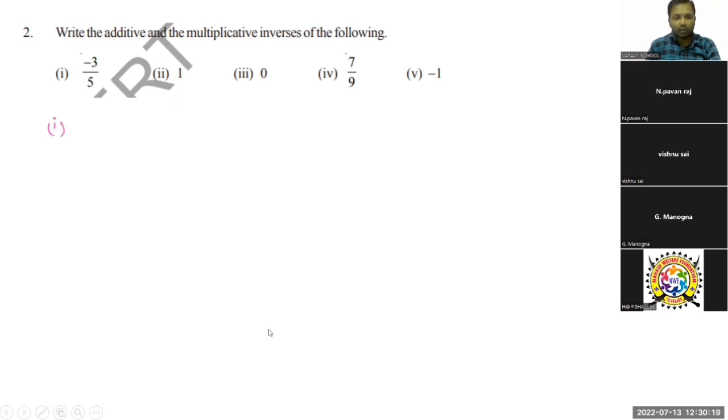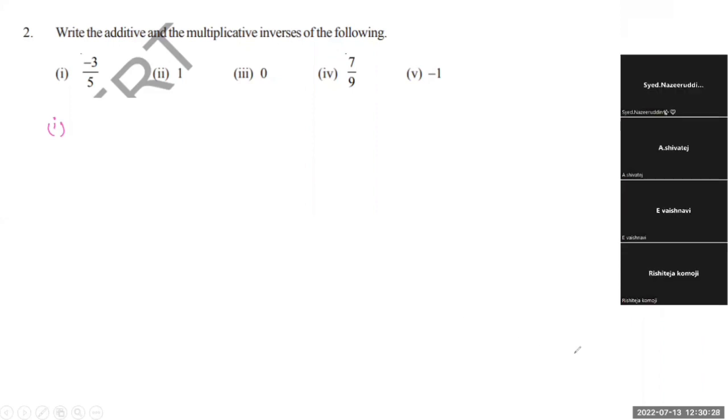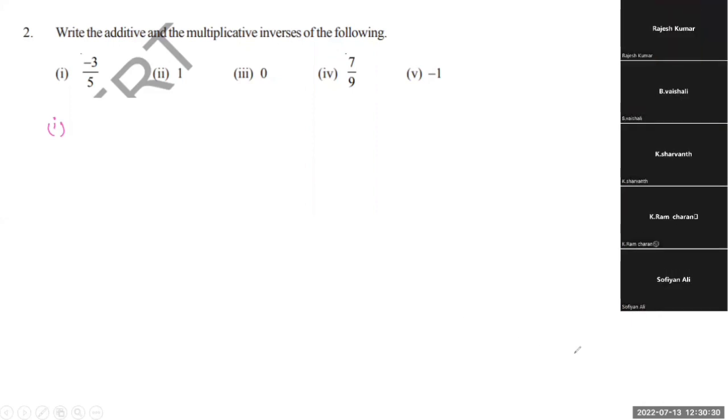I'll unmute everyone, but only the person I am calling can try to tell it. Shashivardhan, you can say that. What is the additive inverse of minus 3 by 5? Sir, minus 1.